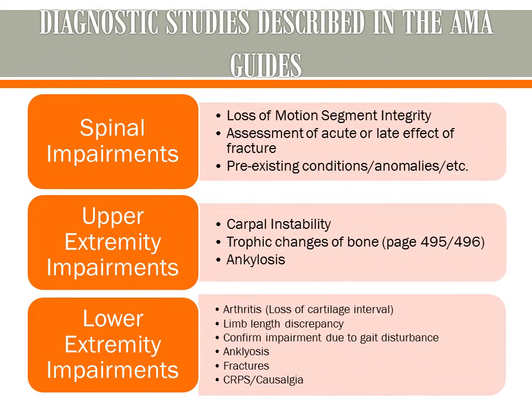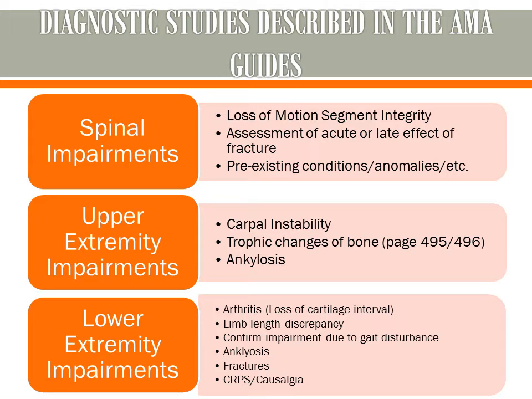In chapter 15, the spine chapter, X-rays are used for several different things. Number one, they're used to help identify pre-existing conditions or spinal anomalies, for example. They're used for the assessment of the acute or late effect of fractures.